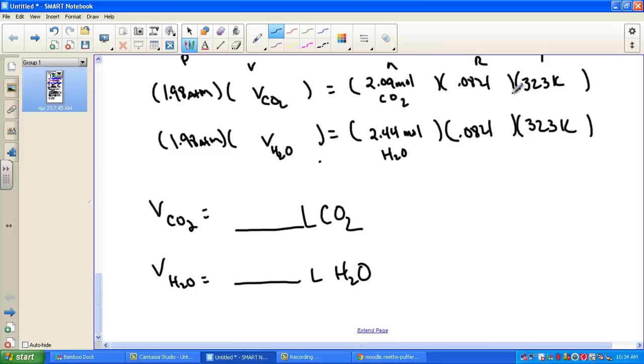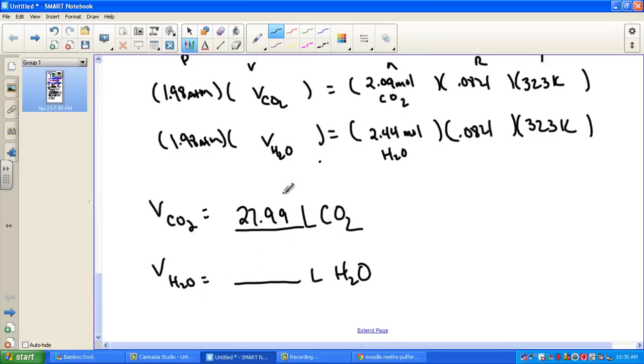So starting on the side, I'll do CO2 first, just because it's written first. I have 2.09, start on the side without the variable, times 0.0821 times 323, divided by 1.98 atmospheres. 27.99, we'll just leave it, 27.99 liters CO2. Certainly you could round that to 28.